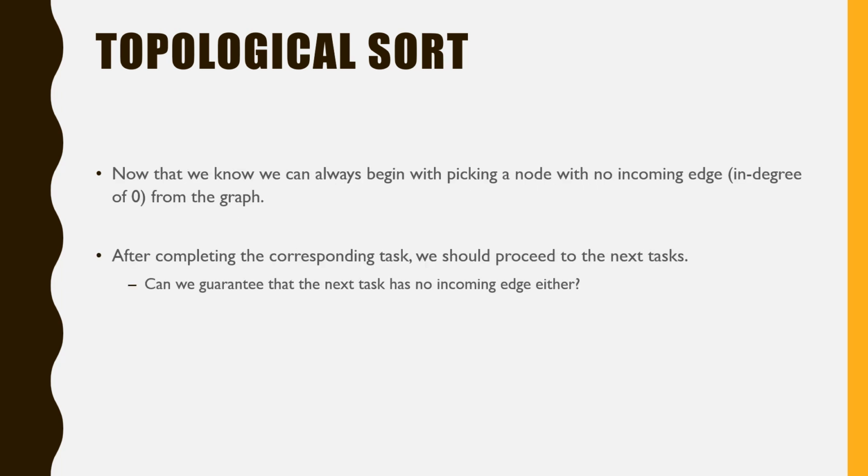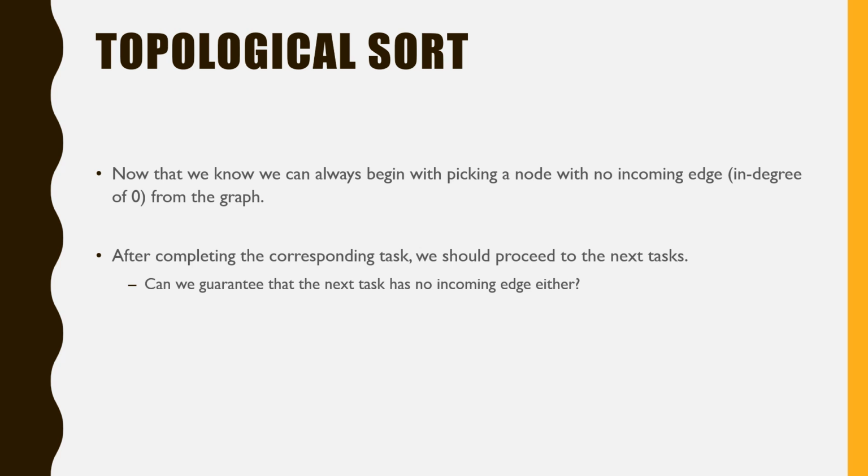Now that we know every DAG must contain at least one node with no incoming edges, we can use this node as our starting point. This selection is valid because the node has no prerequisites, meaning it can be completed first. Once we complete the first task, we remove its corresponding node from the DAG and move on to the next task.